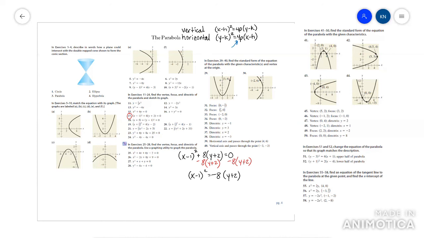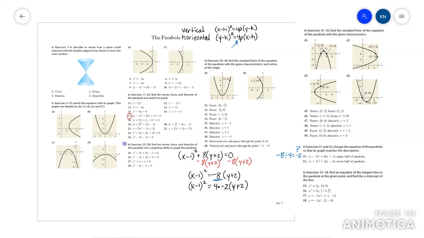That would be my first move. Now, my next move from here is a very important one, and it is to go get the p-value. So I take this -8 off to the side, and I divide it by 4 to get the p-value. So I can rewrite this problem as (x - 1) squared equals 4 times -2 (y + 2).